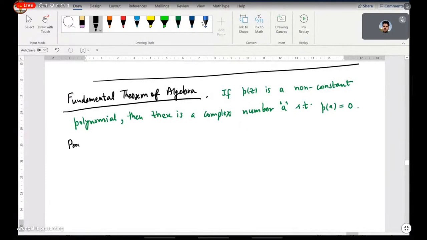So let's write the proof. We will start with the contrary approach. So let us take some polynomial. Let us consider this polynomial.